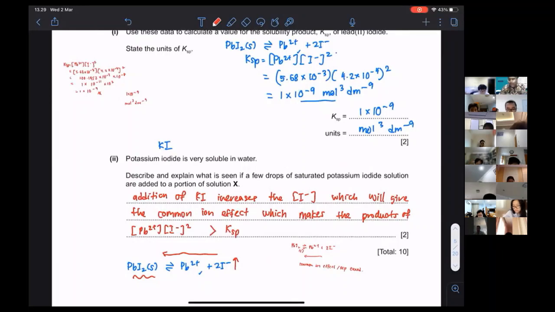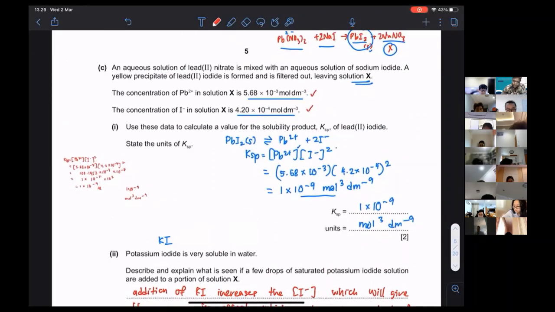It makes it greater than Ksp, which makes more precipitate of PbI2 to be formed.